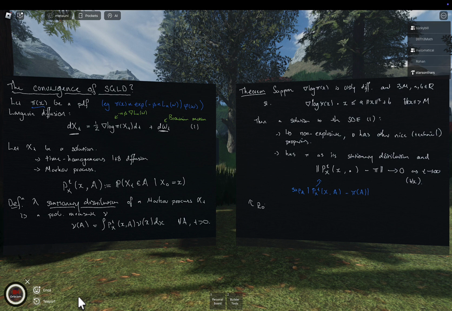So in Roberts and Tweedie, I think it's 1996, and that's called Langevin diffusion.